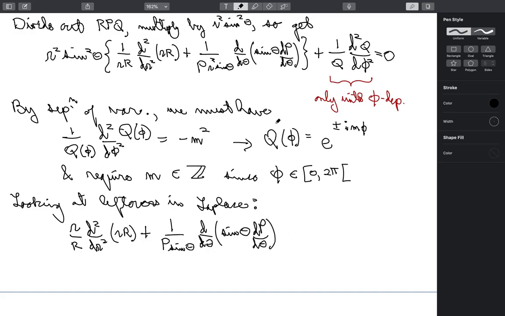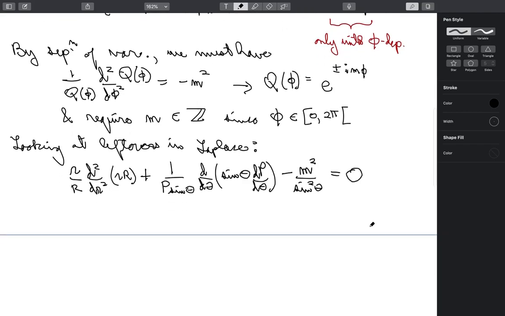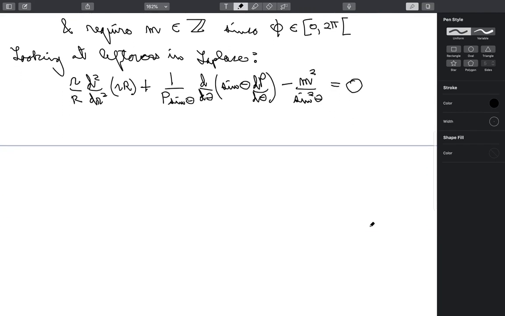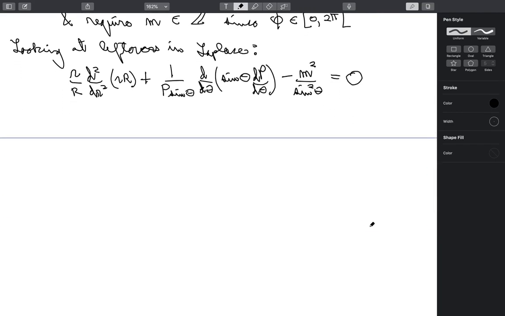Now I've got my m squared, which reappears, but I've divided out sine squared theta here. So this whole thing has to be equal to 0. Now, this looks a little bit scary, but we can make a bit of progress on this.